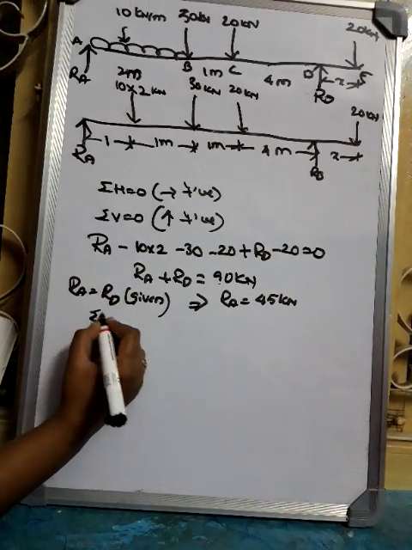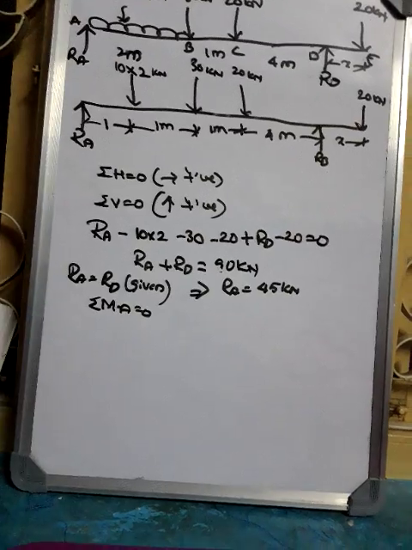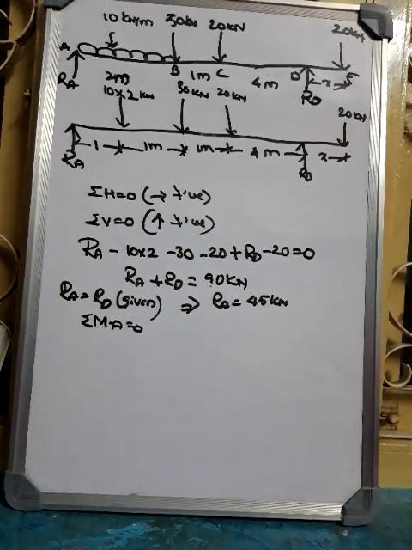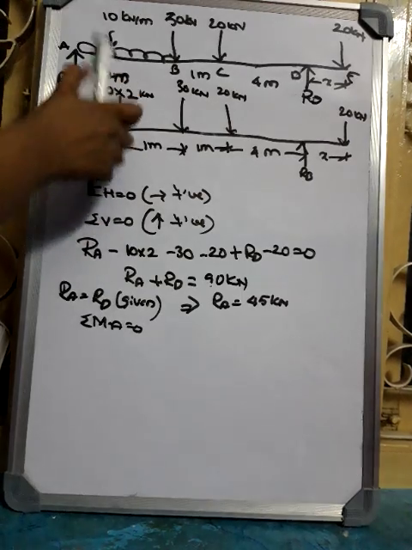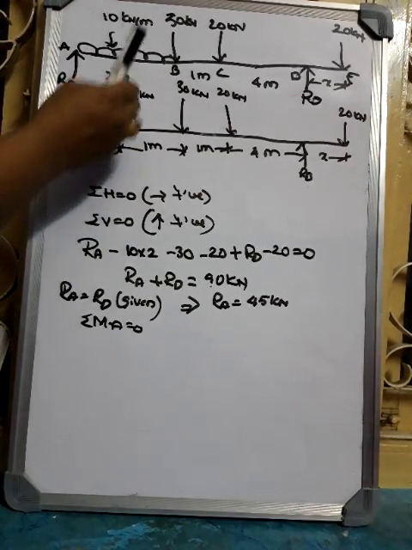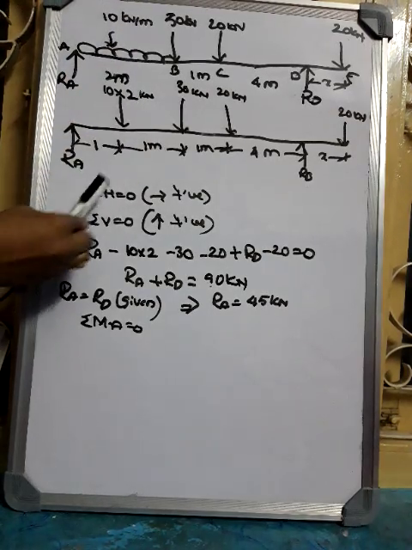Now I will consider summation of MA equal to 0, that is the summation of all the moments about A equal to 0. Now let us take the moments one by one. This is force into perpendicular distance, 10 into 2 into 1, and this is clockwise. The next one has perpendicular distance 2 meter, clockwise.